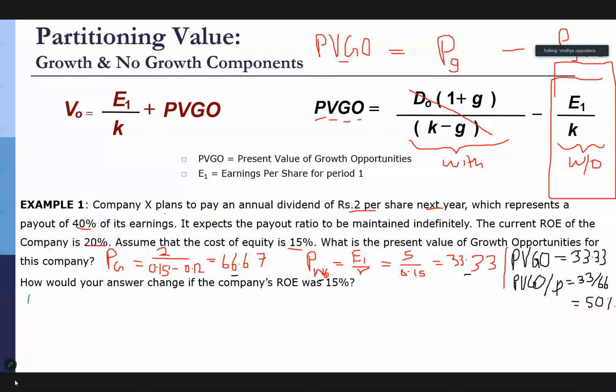So your D1 remains at 2 rupees. The only thing that has changed in this example is ROE is now 15%. What is the value of this company? And how much growth opportunities are you incorporating into the price?